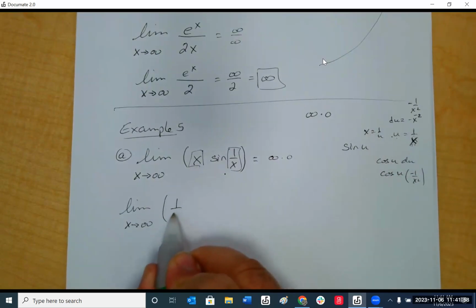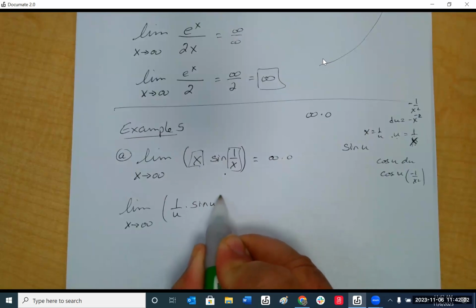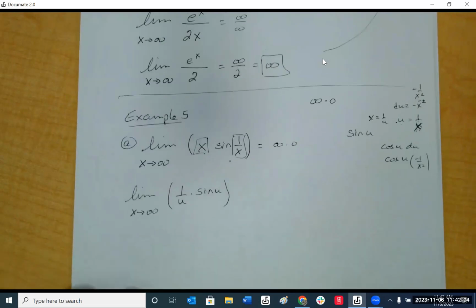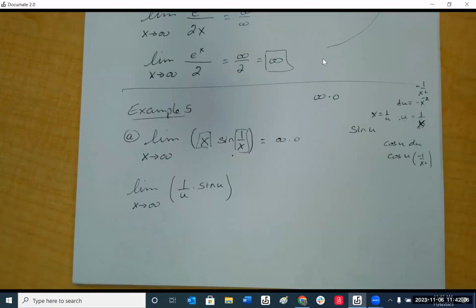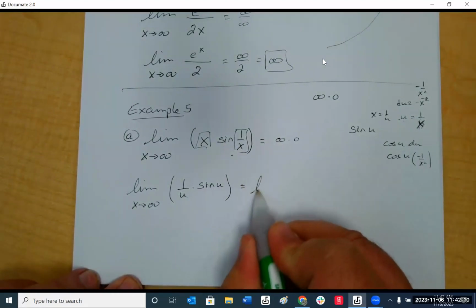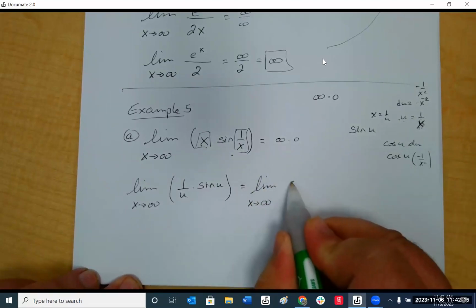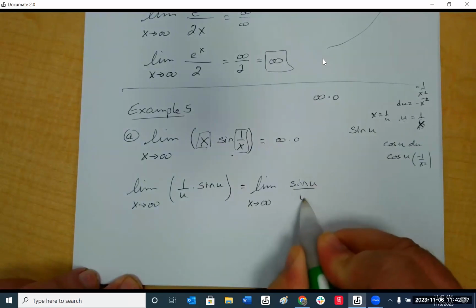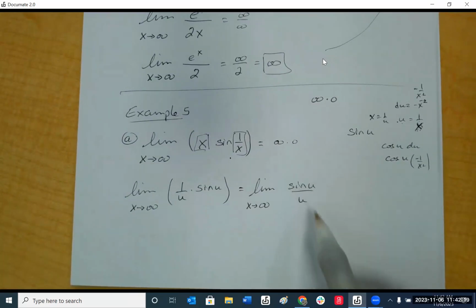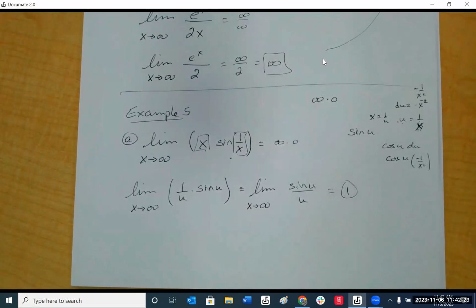So this would be 1 over u times sine of u. Why is this one a little bit better? Because it just hit me. What is sine x over x? 1.